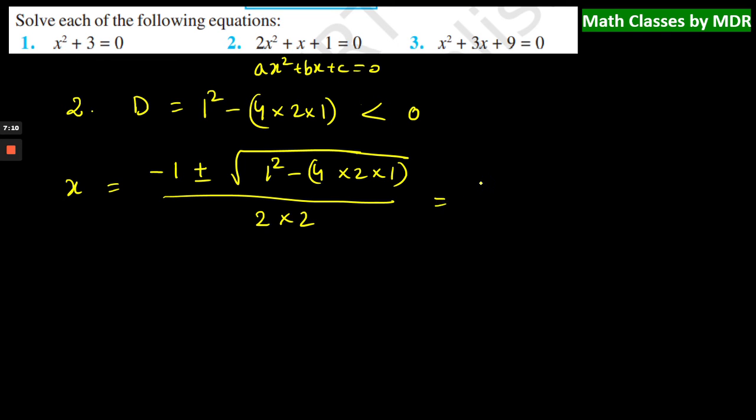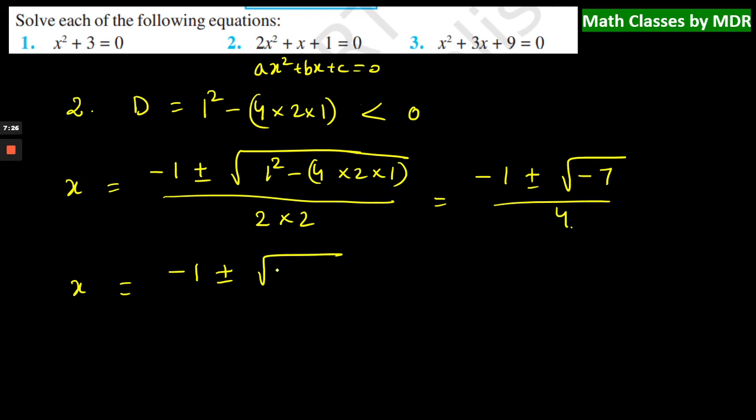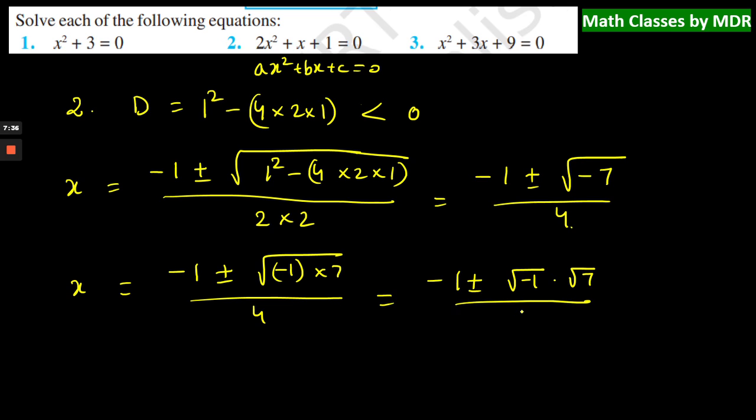What do you get? On simplifying it, minus 1 plus or minus root of 1 minus 8, which is minus 7, by 4. So the roots are minus 1 plus or minus root of minus 1 into 7, by 4. And further I can write it as minus 1 plus or minus root minus 1 into root 7 by 4.